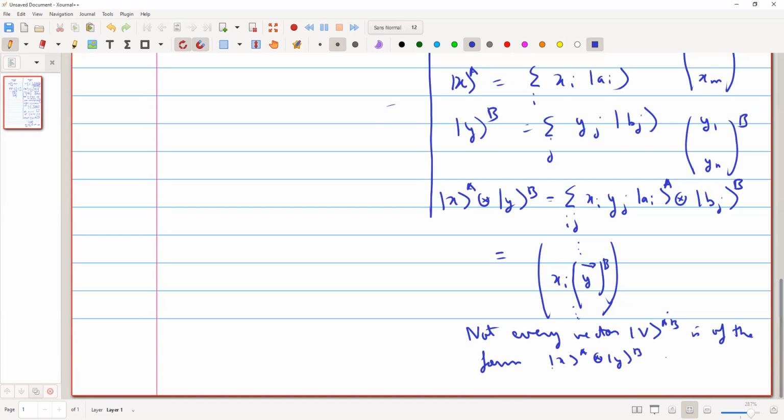These are called the entangled vectors, and the others I'll call the tensor product vectors or tensor vectors. So yeah, this is where we stopped. I hope this refreshes some memory. More questions?